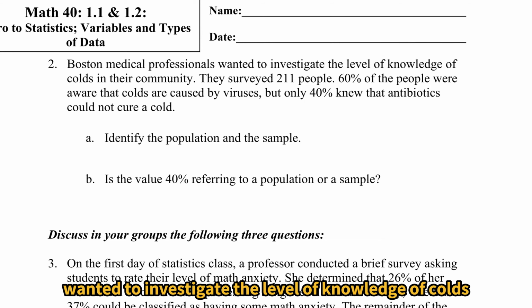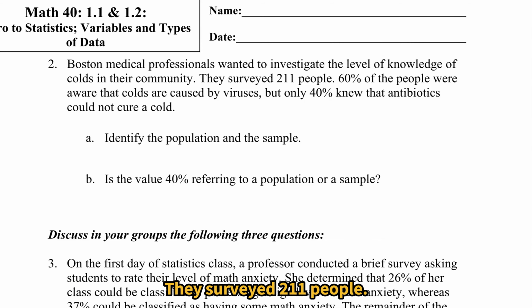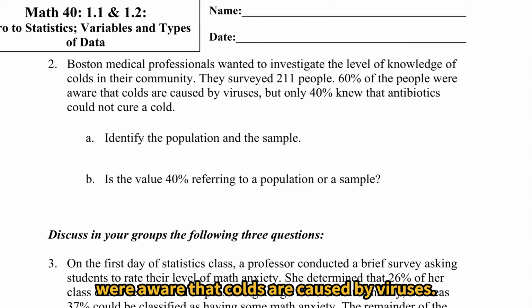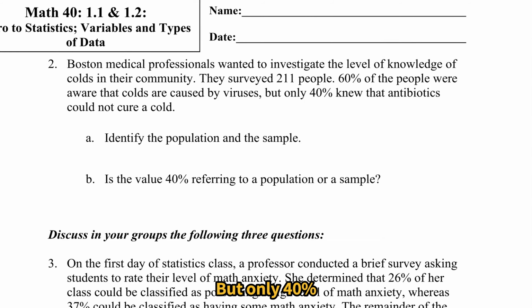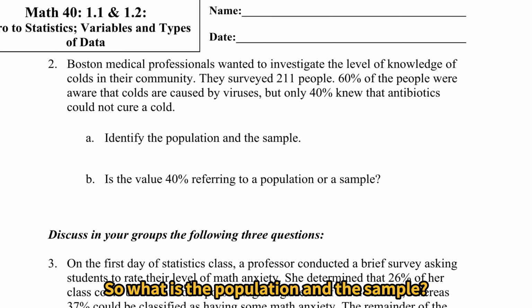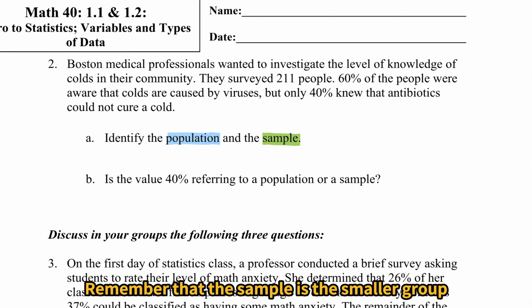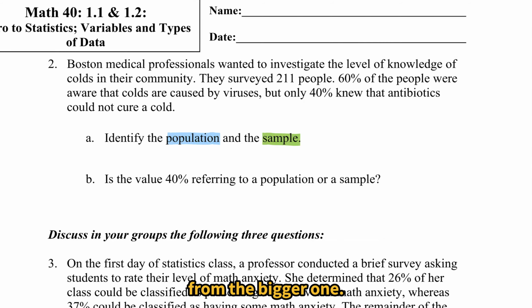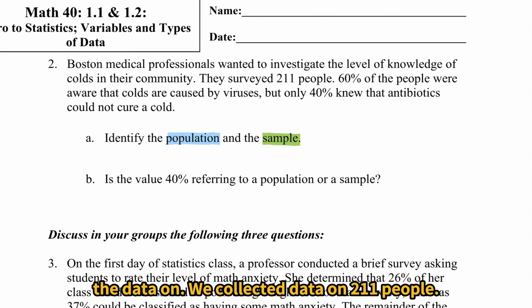Boston medical professionals wanted to investigate the level of knowledge of colds in their community. They surveyed 211 people. 60% of the people were aware that colds are caused by viruses, but only 40% knew that antibiotics could not cure a cold. So what is the population and the sample? Remember that the sample is the smaller group from the bigger one. And the sample is usually what we collect the data on.